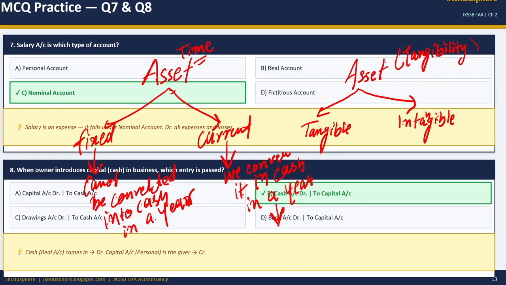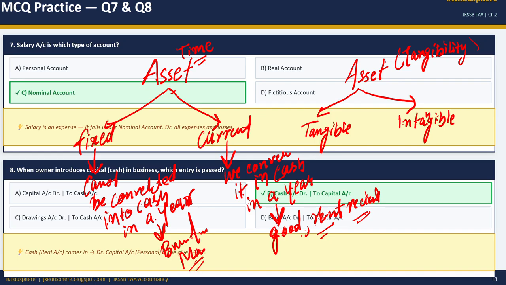For example, we have goods, the rent received. Fixed assets, for example, are building, machines, right? So tangible asset is, as the word suggests, touchable. Intangible assets are not touchable.